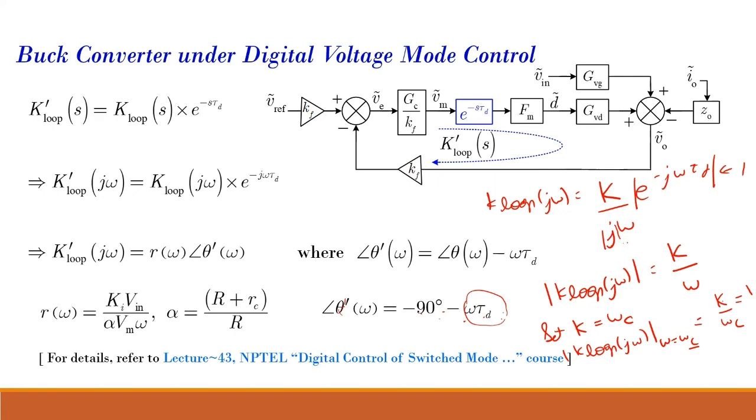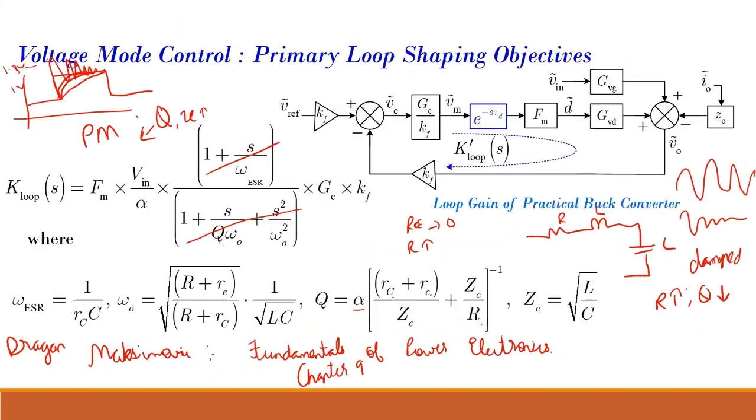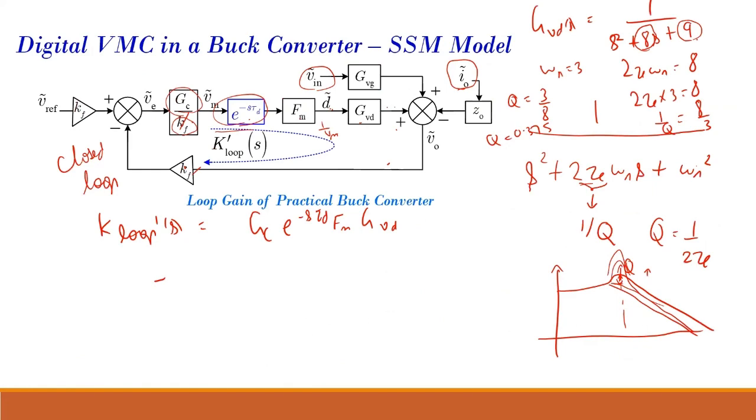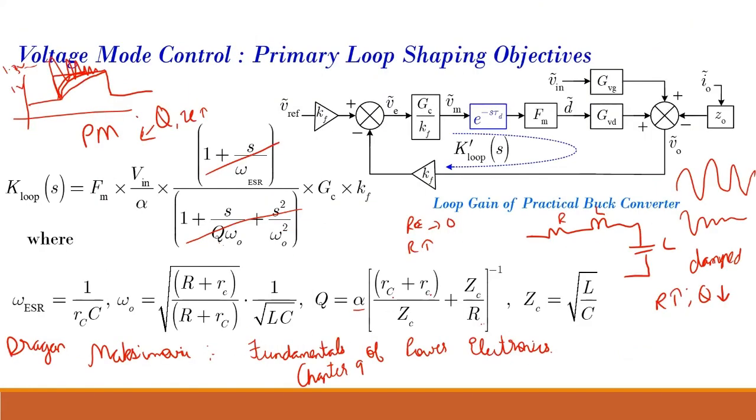Without tau d, what will happen? In that case, this 0 will not get cancelled. Sir, I'm not asking about this K loop. Generally, what is the physical significance of tau d?